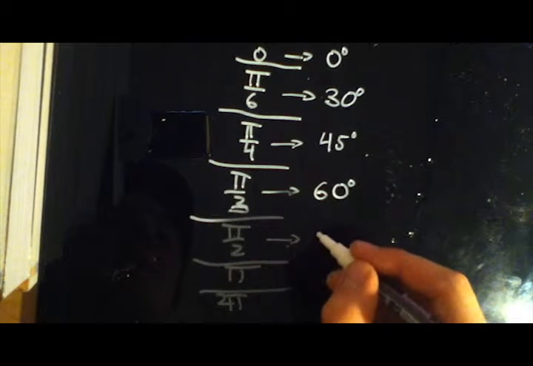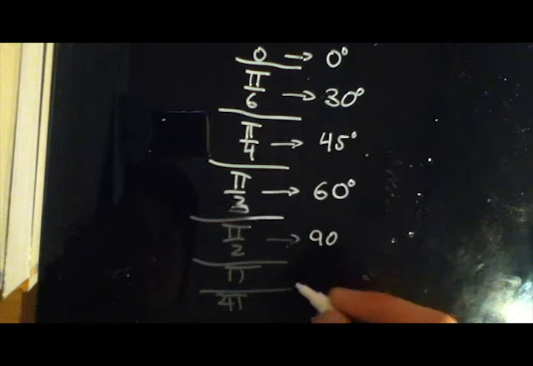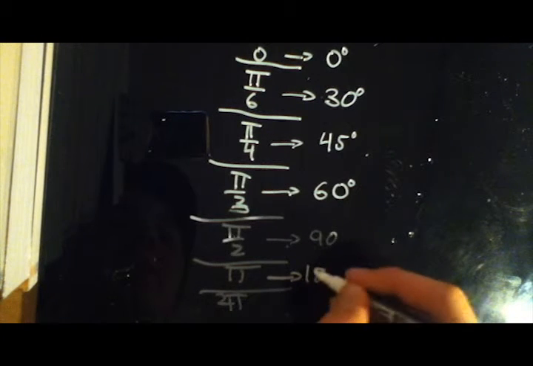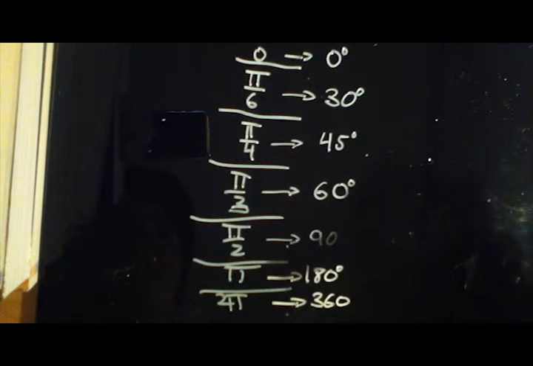Pi over 2, that's 90. It's really obvious. You can actually do that if 2 pi is 360 degrees and pi is 180, then pi over 2 is 90. Just remember, pi over 2 is equal to 90. Pi is equal to 180. And 2 pi is equal to 360.